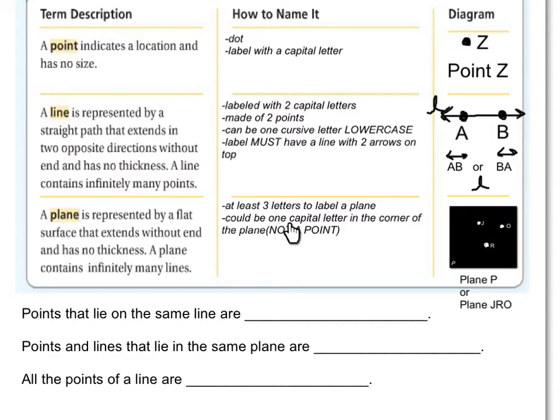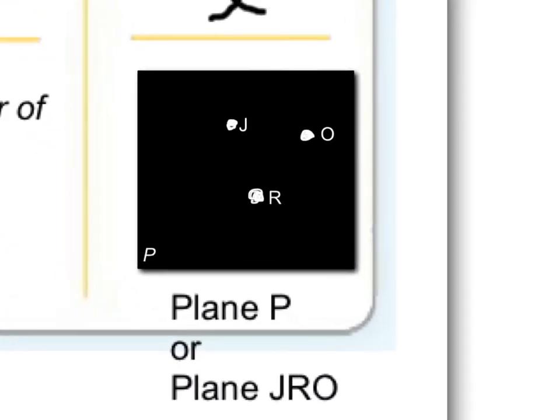It could also be one capital letter in the corner of the plane. In this case, it's not a point, but it could have one capital letter. A lot of times they'll make it a cursive letter. Let's take a look at our example here.